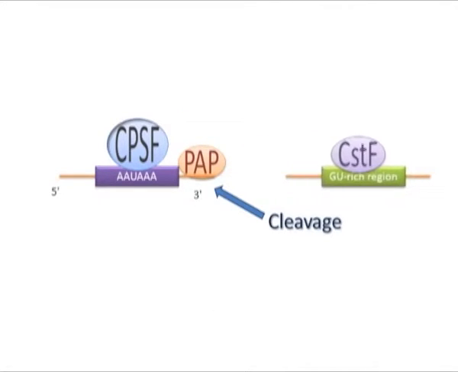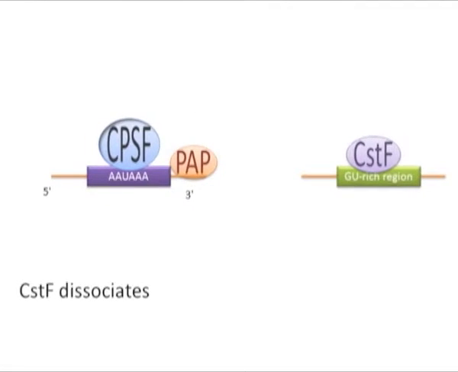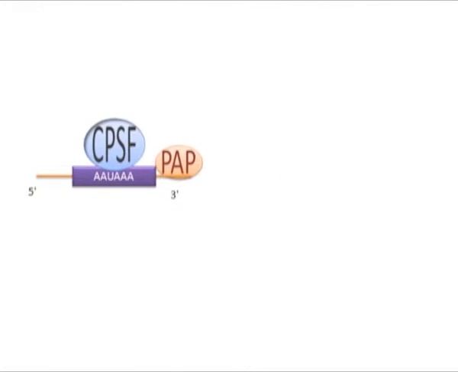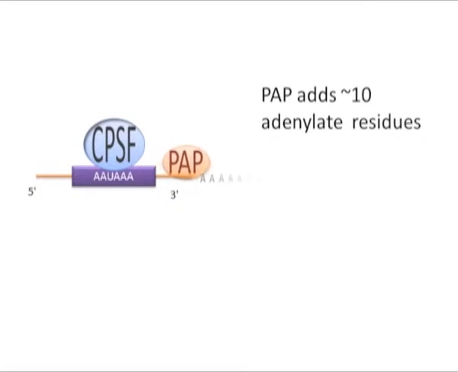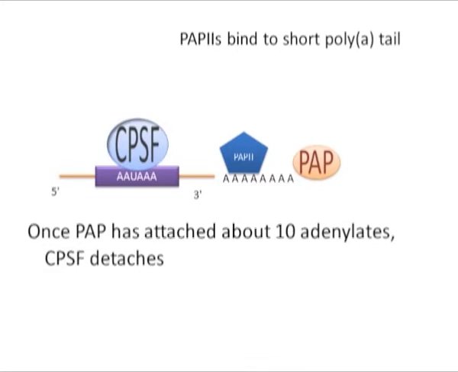CstF dissociates and short RNAs mimic a newly created mRNA, and the 3' end can now be polyadenylated by poly-A polymerase. When poly-A reaches about 10 nucleotides in length, further polyadenylation becomes independent of the AAUAAA signal and depends on the poly-A itself.